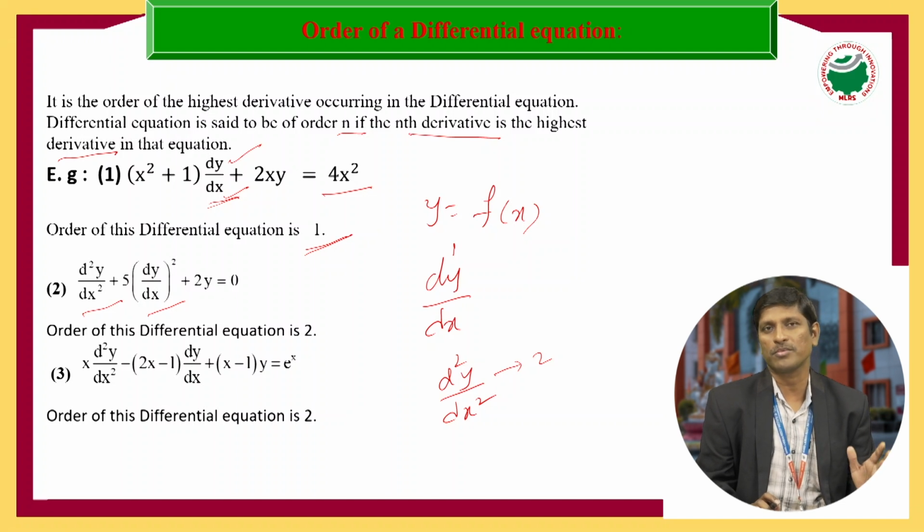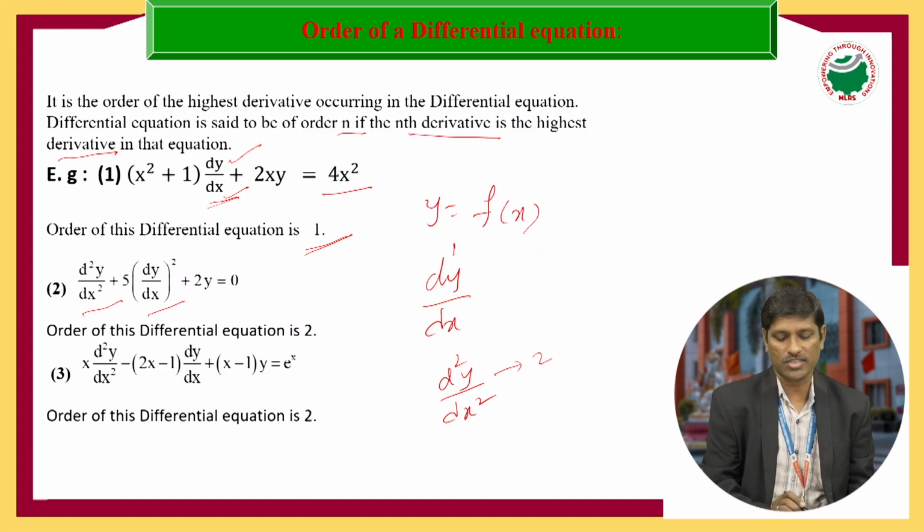We don't bother about the powers, how many it is. We need to see only how many times the derivative is applied. So d square y by dx square means the order is 2. Next, the next example is also the same: x into d square y by dx square minus 2x minus 1 into dy by dx plus x minus 1 into y equal to e power x.